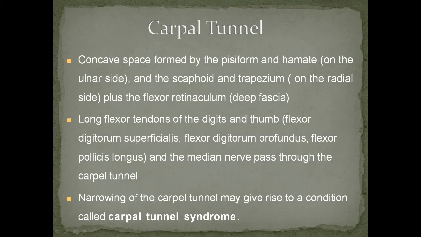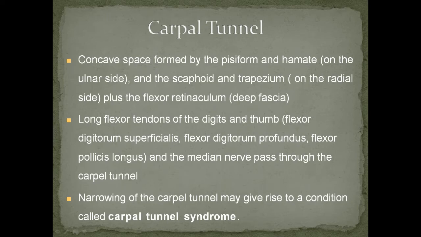Now we will see the carpal tunnel. What is the carpal tunnel? It is a concave space formed by the pisiform and hamate, the scaphoid and trapezium, and the flexor retinaculum. These form a concave space, which is the carpal tunnel.